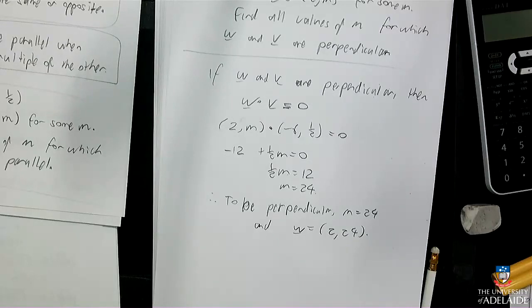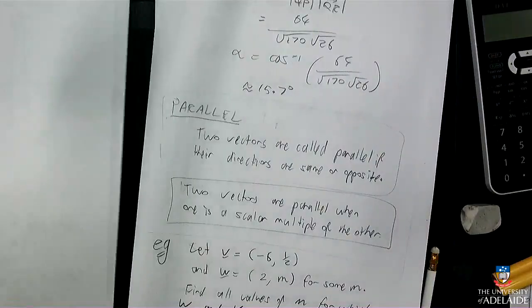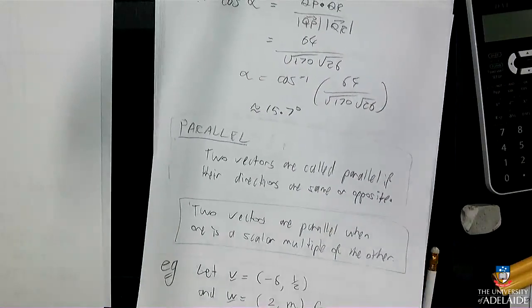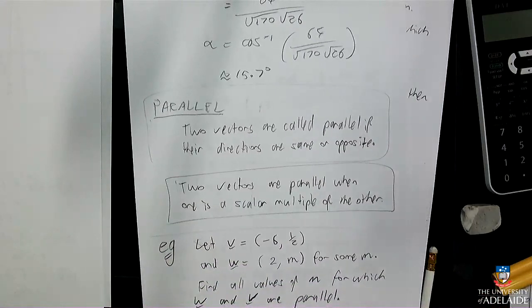Okay. Whew. Well, that's a lot of stuff going on with these vectors. We can add them, we can multiply them by scalars, we can dot product them together, which allows us to find angles and to tell when we're perpendicular, and the multiplying by scalars told us when they were parallel, which is kind of cool.